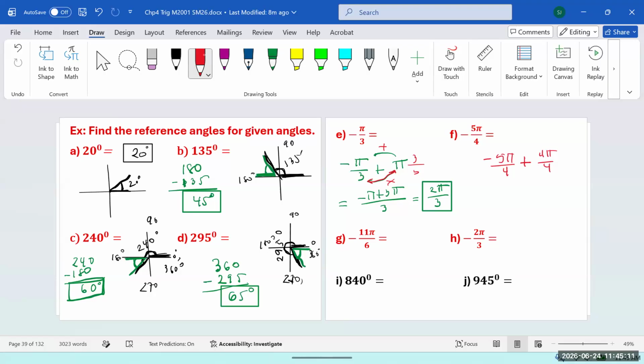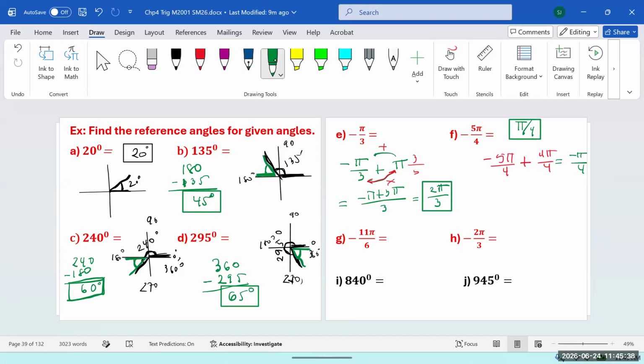So add 4 pi over 4. So you have minus 5 pi plus 4 pi. How many pi do you have on the numerator? Negative pi over 4. So our reference angle is positive pi over 4.